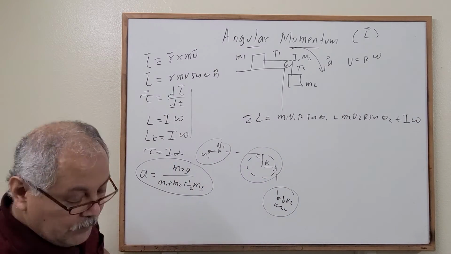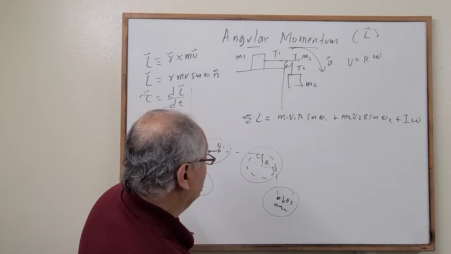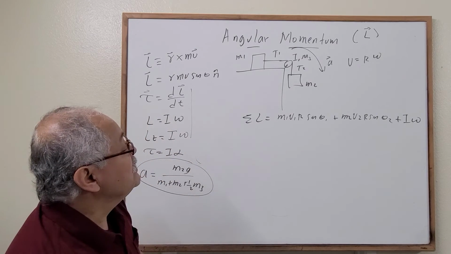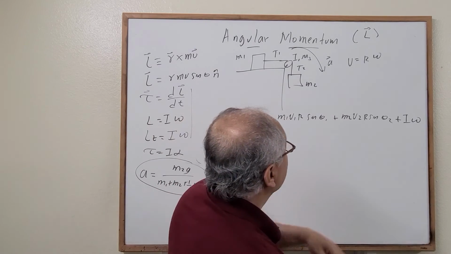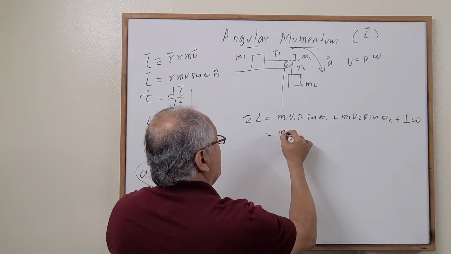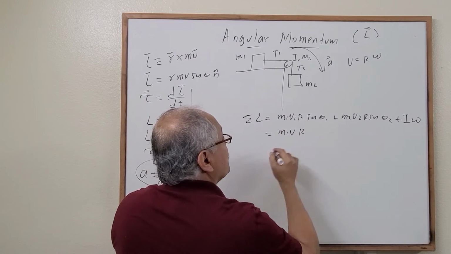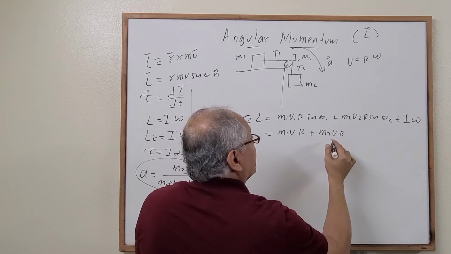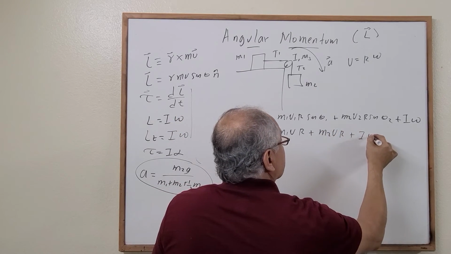Now the velocities are the same, so this is equal to m1 v times r plus m2 v times r plus moment of inertia times omega.